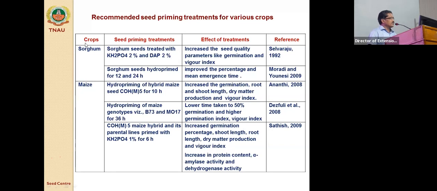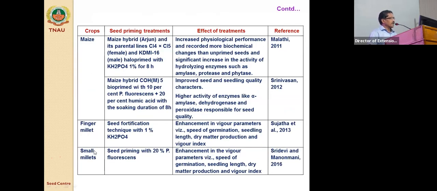From these studies for sorghum, maize and maize hybrids, finger millet, and small millets, we have given a number of recommendations which are all available in our crop production manual. All the participants, please go through the crop production manual. Here we have different treatments, but the best among these treatments is given in our crop production manual. Please refer to that.